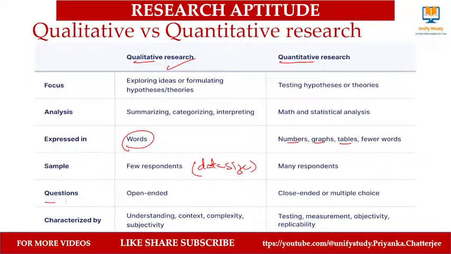The types of questions that we use for qualitative research are open-ended questions. What do you mean by open-ended questions? Open-ended means I can give my own point of view. I can give you a descriptive answer, my own subjective answer. It depends upon the subject who is talking about the content.